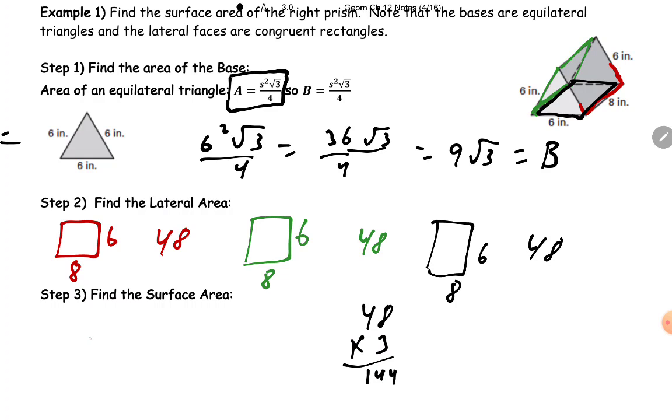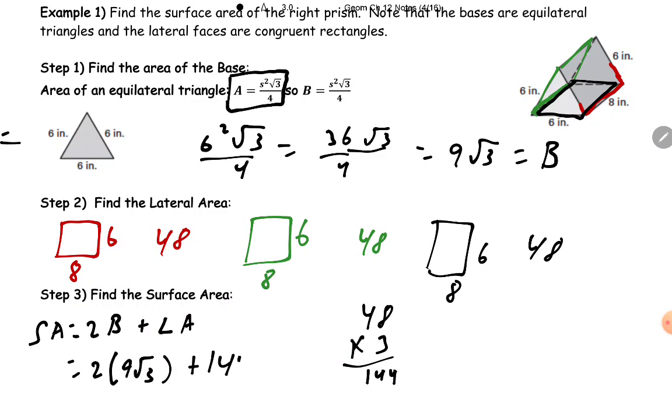Okay, now to find the surface area, we're just going to do surface area is 2 times the base area plus our lateral area. So 2 times 9 root 3 plus lateral area, which is 144. Use our calculator.